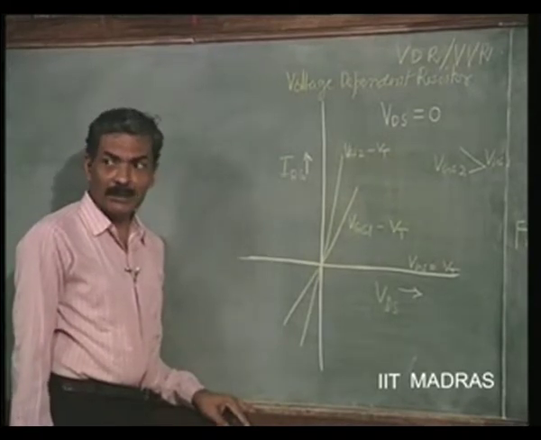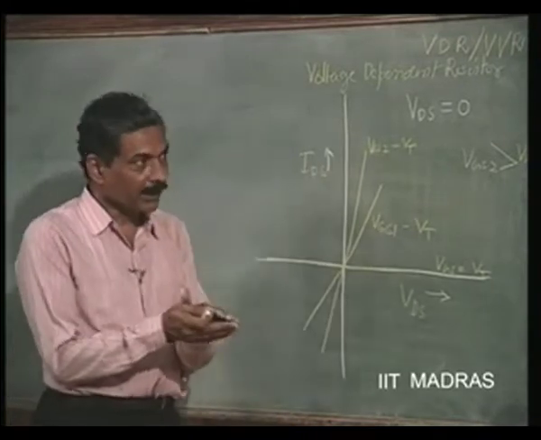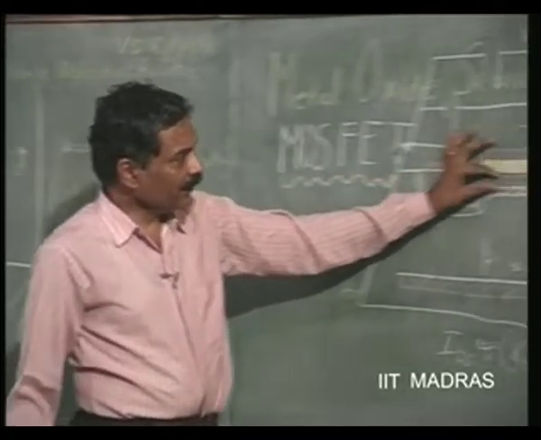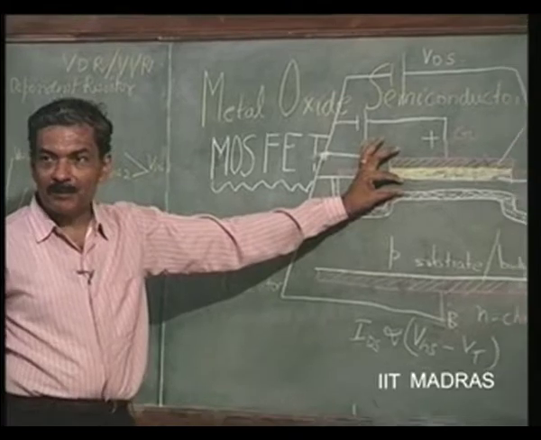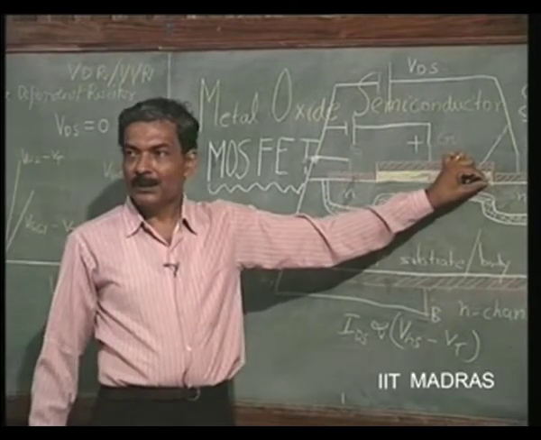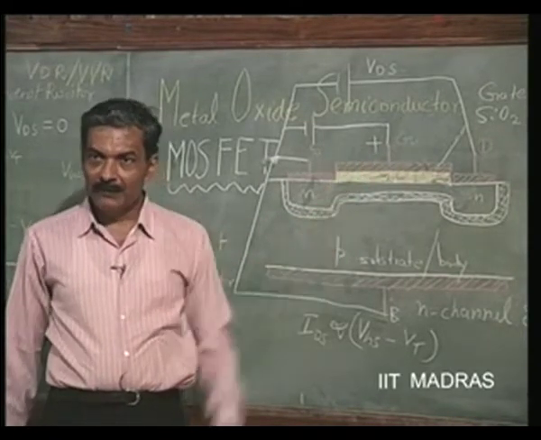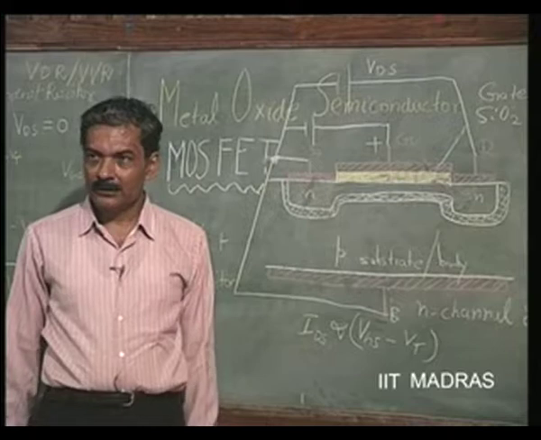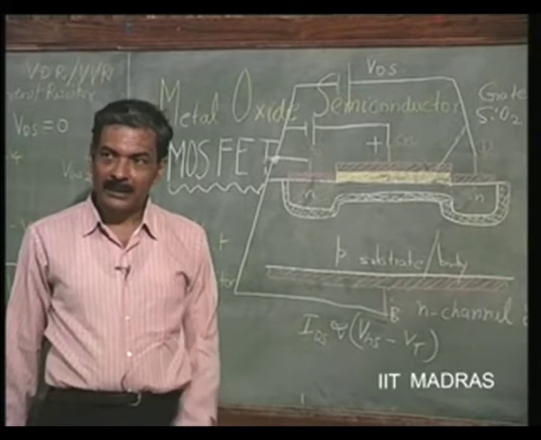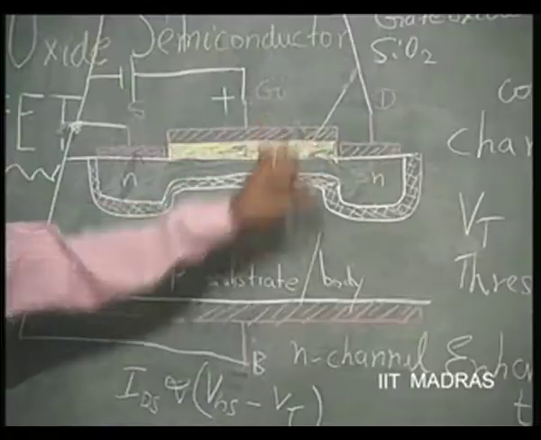Now there is something that we still have to understand. We have understood that whatever has been uncovered here depends upon VGS minus VT. If you want to cover it up, you have to apply a voltage in the opposite direction. For field effect transistor action, what we have to do is cover it up.